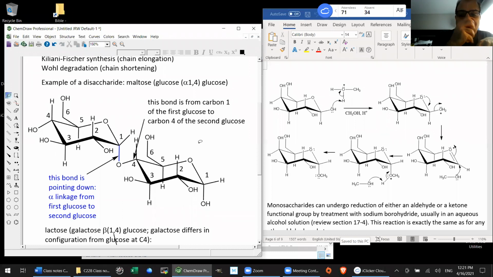I don't feel like using up all your time drawing saccharide after saccharide after saccharide, but I think at the same time it's helpful to understand what the structure is of these things, because again, if you're going on in biochemistry, I don't think they're going to explain this sort of thing very much.